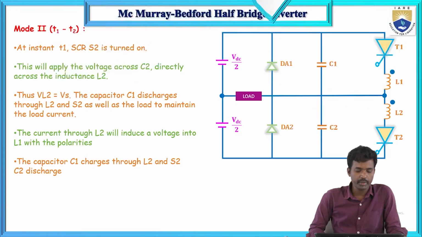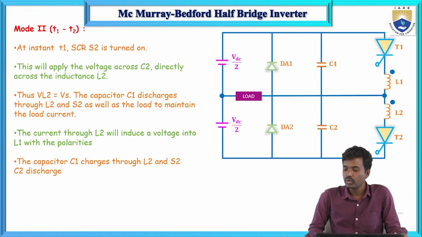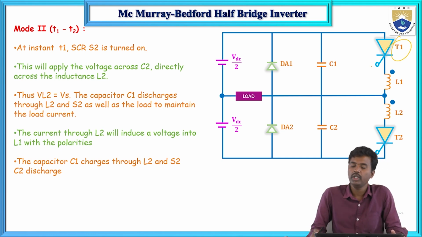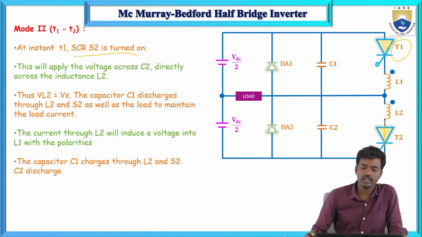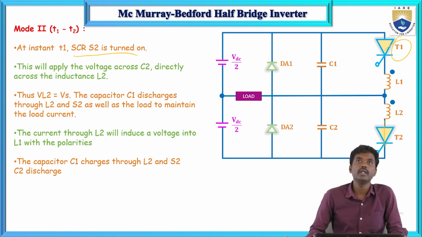In the mode 2 operation, how will T1 be turned off? To turn it off, at instant T1, SCR T2, that means S2, will be turned on.